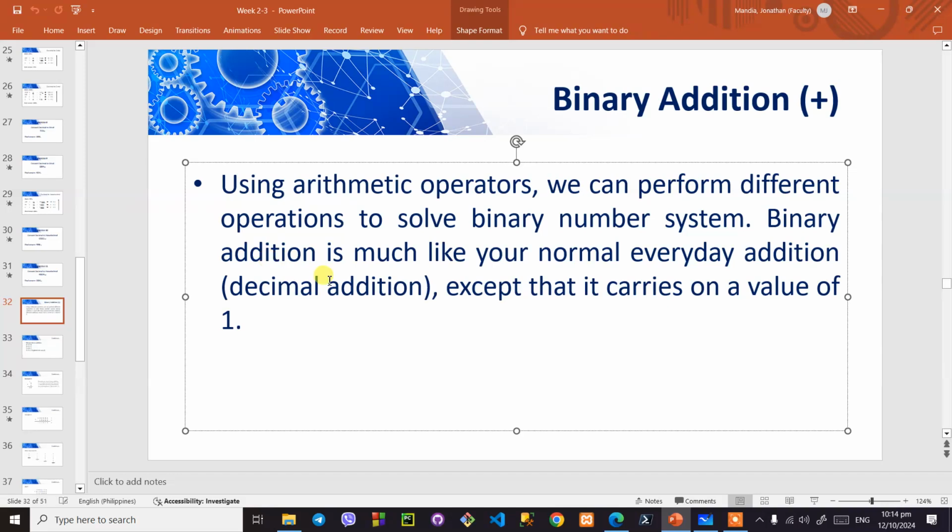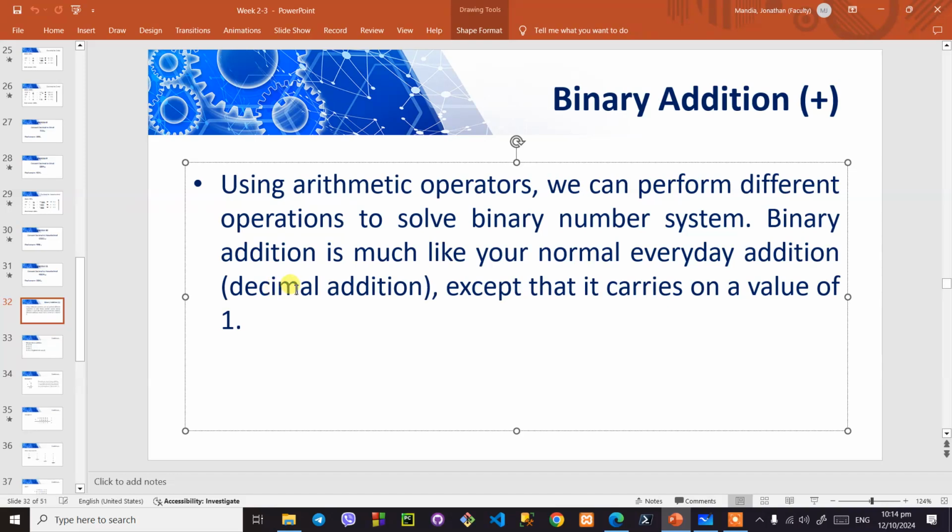Binary addition is most like your normal everyday addition, just like adding in the decimal number system, except it carries on a value of 1 and 0. But we still need the decimal number system to counter-check our work if it is correct or not.